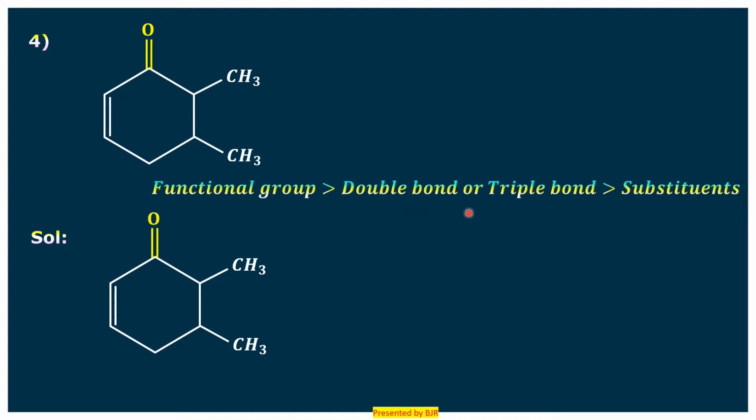Next, double or triple bonds, finally substituents. So the carbon atom to which the functional group is attached should be given the highest priority. For that reason, I am giving the numbers to the carbon atoms in the ring anti-clockwise, starting from here.